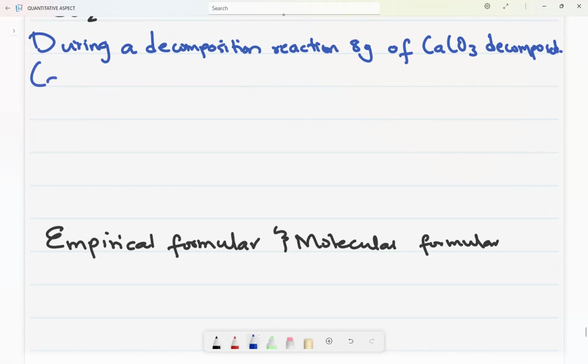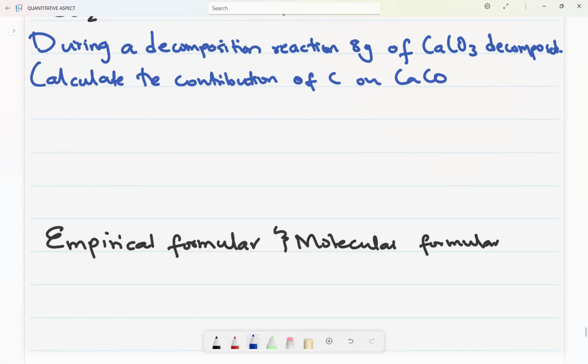And then the question says, calculate the contribution of carbon in calcium carbonate. So basically what they're saying is, calculate how much carbon contributes to these 8 grams of calcium carbonate, or calculate the contribution of the mass of carbon in calcium carbonate.